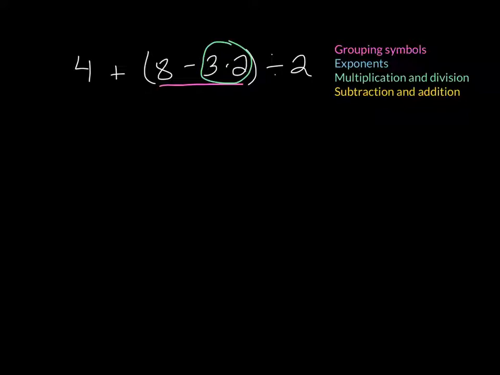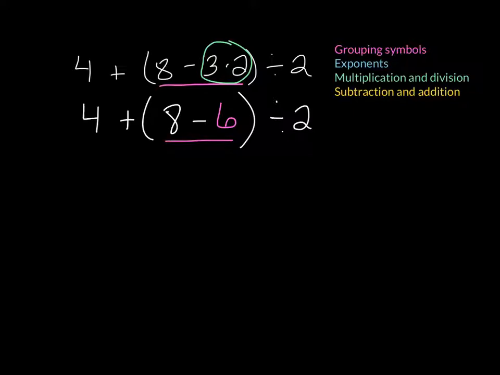So 3 times 2 is 6. We're going to leave everything else as it is. Each step we're changing one thing. Now to finish the parentheses, we'll do 8 minus 6, which is 2. Again, leaving everything else as it is.